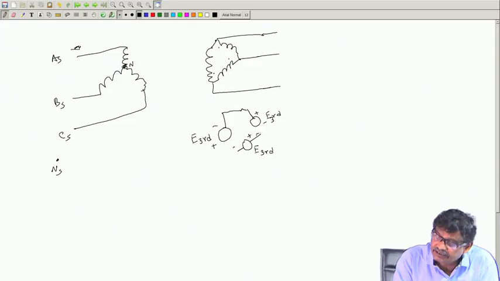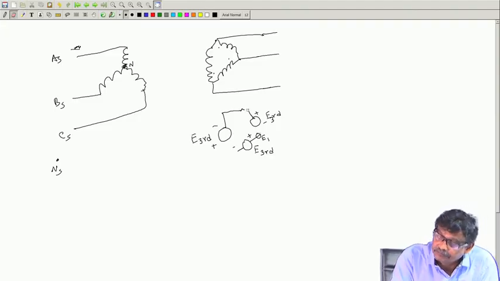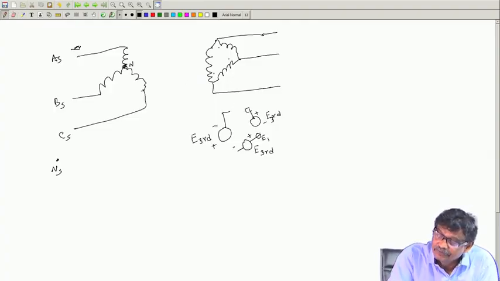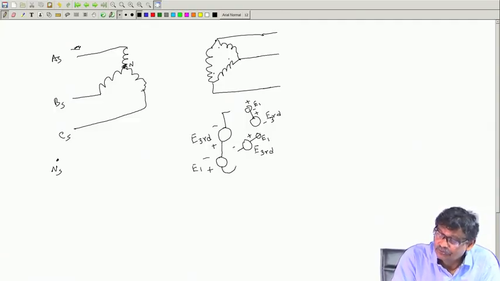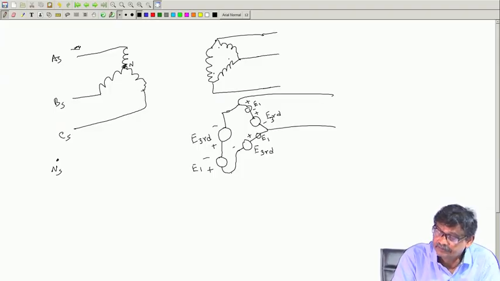You also sketch E fundamental. This is the situation. E 1, here I will clean it, better draw a nice diagram. So, E third, E 1, then once again E third, E 1, and E third, E 1 is there, and they are closed, is it not, and these are the output terminals.